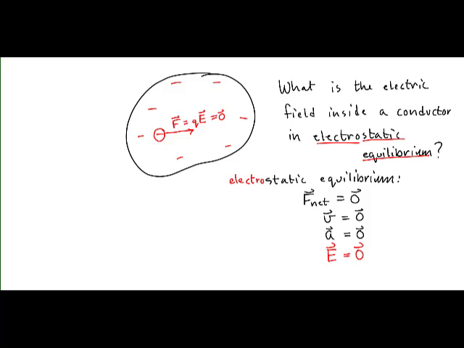In other words, the electric field everywhere inside a conductor in electrostatic equilibrium must be zero, because otherwise there would be a net force on our charges, causing our charges to accelerate, meaning that they are moving and they're not in equilibrium. So the electric field is zero for conductors in electrostatic equilibrium.